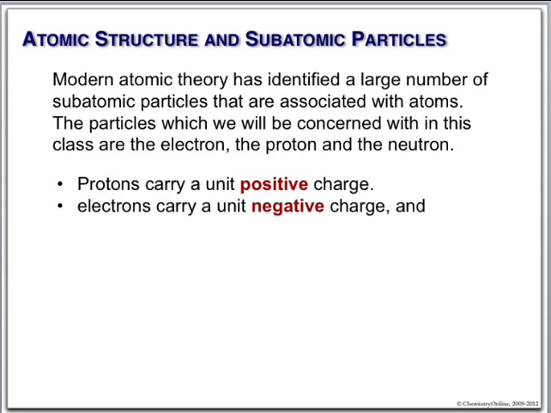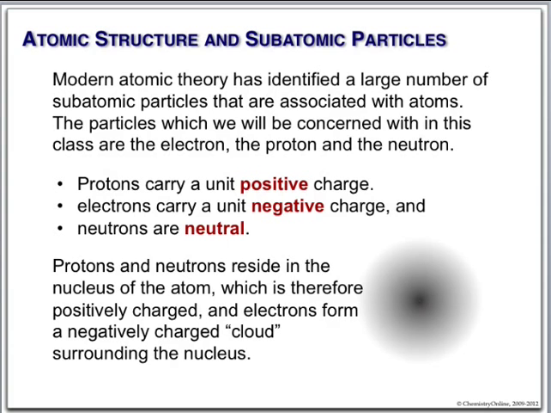If you have the same number of protons and electrons in an atom, then it will be a neutral atom. We'll see today that you can have more or fewer electrons and protons, and that will make it what we call an ion.